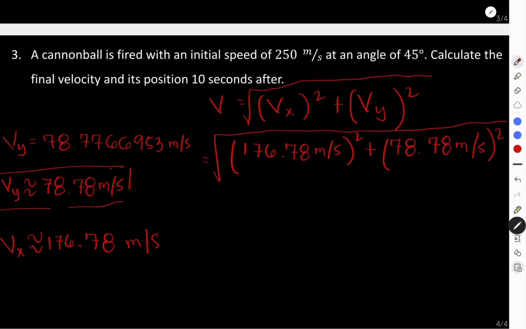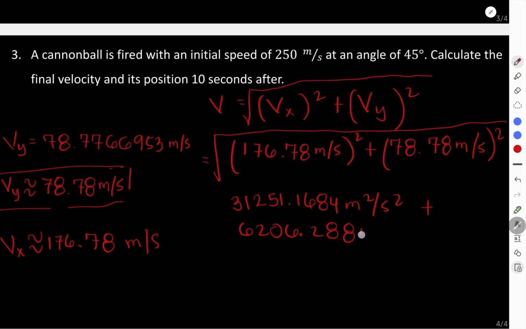It becomes 176.78 squared, which is 31251.1684 meters squared per second squared, plus 78.78 squared, which is 6206.2884 meters squared per second squared.